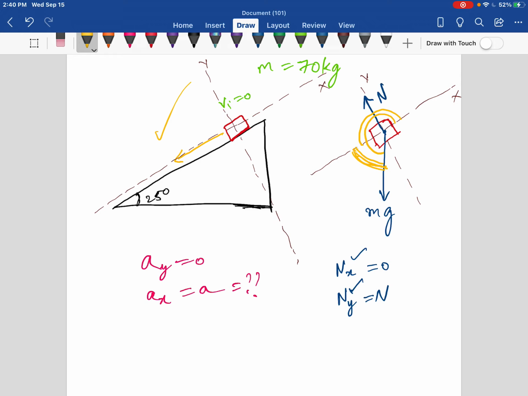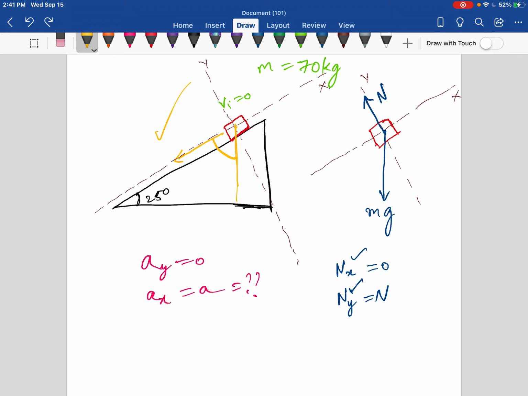You add this to 180, you'll get your answer. So let's go back to our picture over here, and let's draw a line straight down. This is for that gravity thing, right? If we can find this angle, then you just add 180 to it. That'll give you the total correct angle, right?